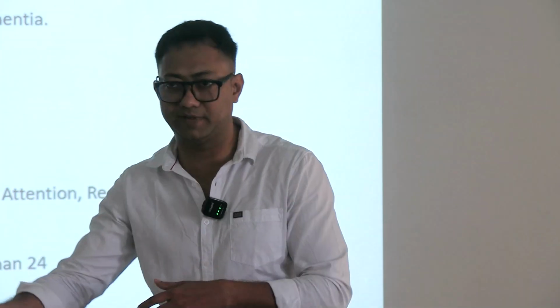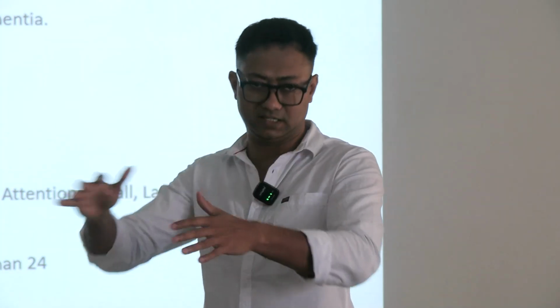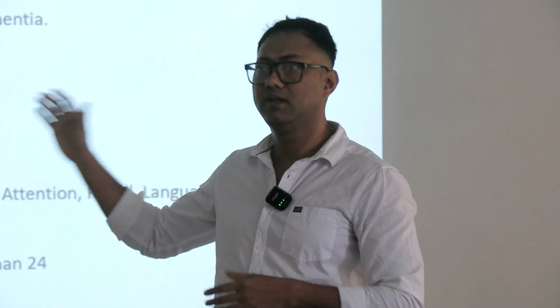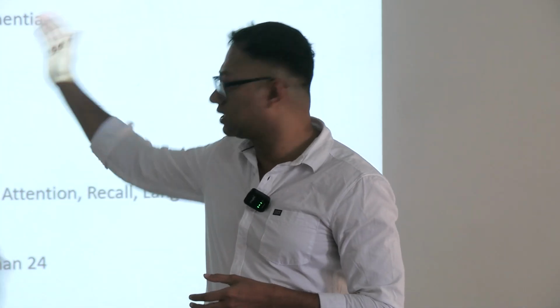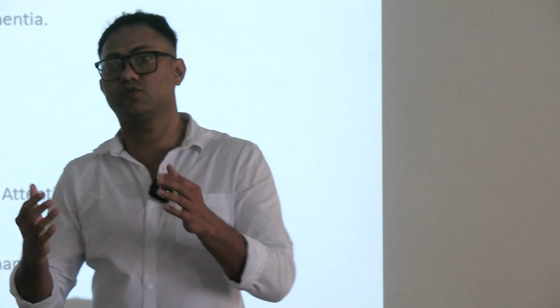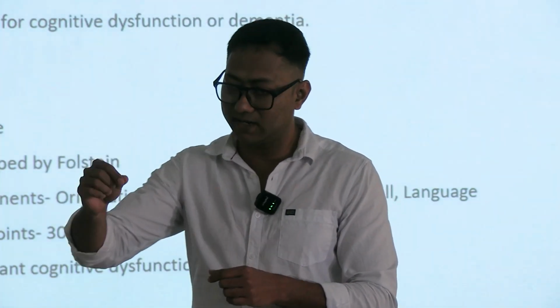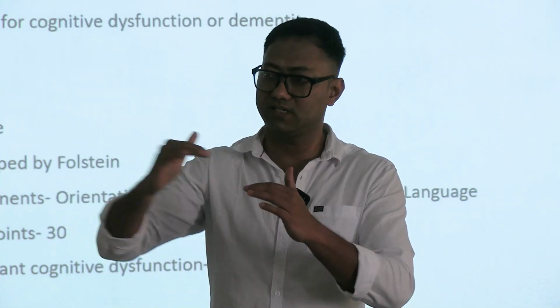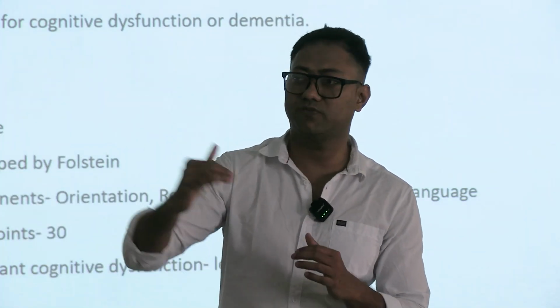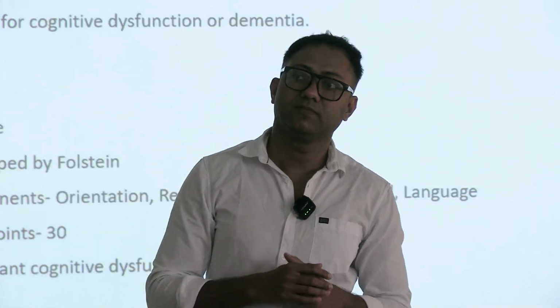There is a sequence of events and the patient cannot make the sequence of ideas. It is controlled by somewhat prefrontal cortex and some parietal lobe activity. The idea should come to your mind that first I have to take the matches, take out a stick, light it, then light the candle. So there is a sequence of fine motor movement, and this idea is not coming to the patient.